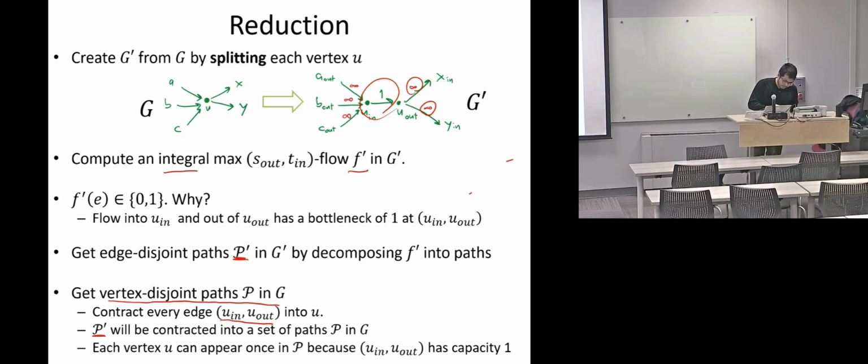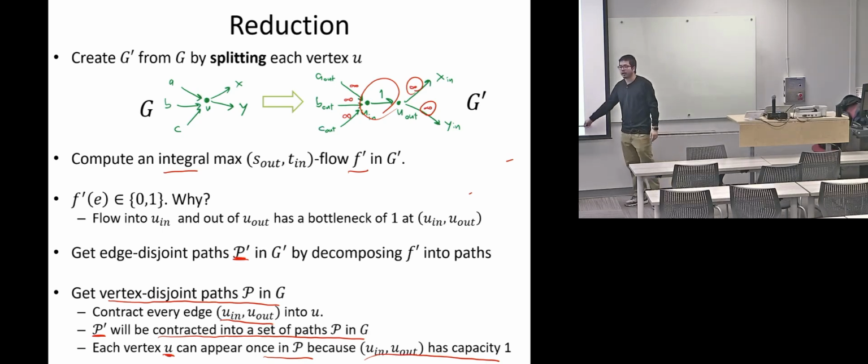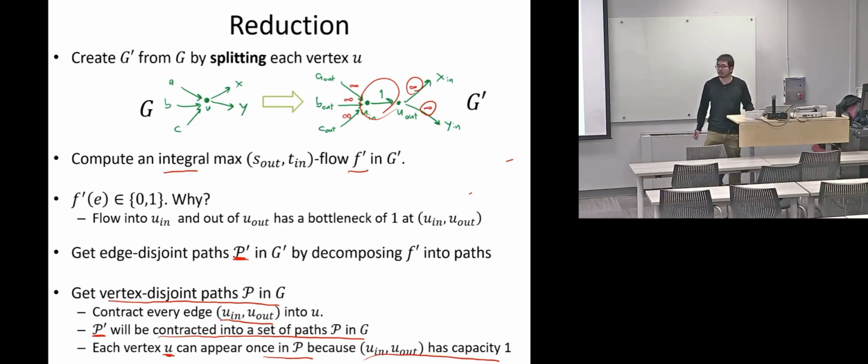And P prime will be contracted into the set of paths P in G. And now you know that every node here will appear at most once throughout this whole collection of paths because the capacity of this edge is 1. Okay. Make sense?